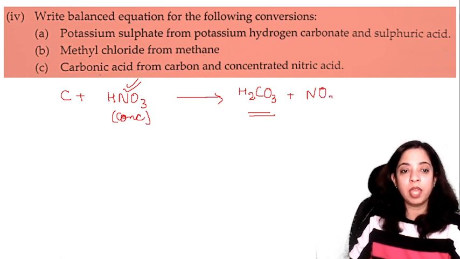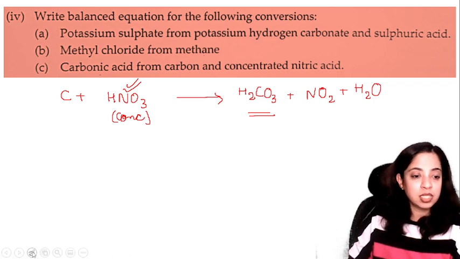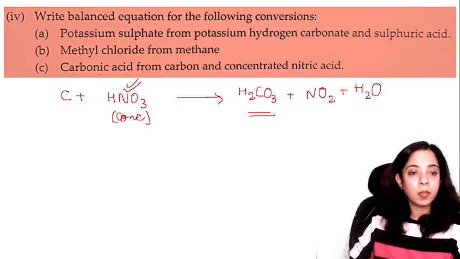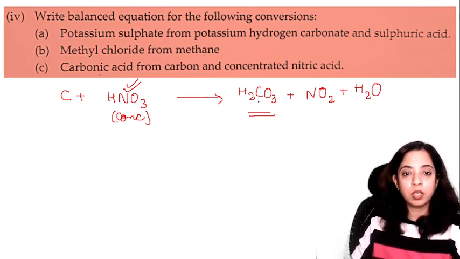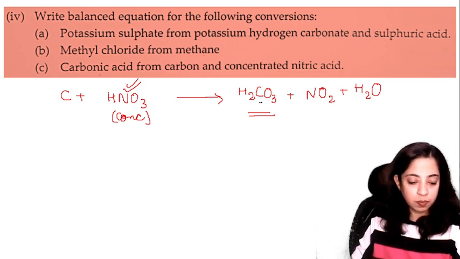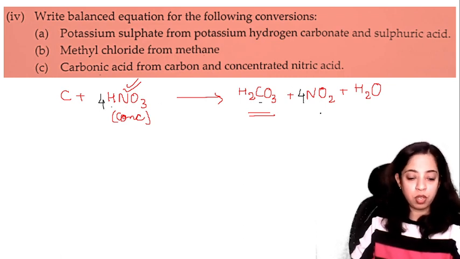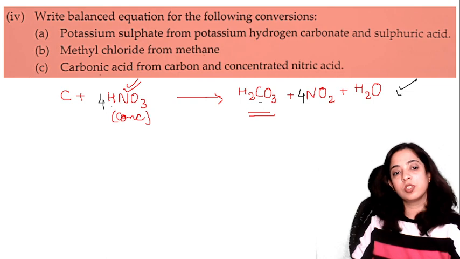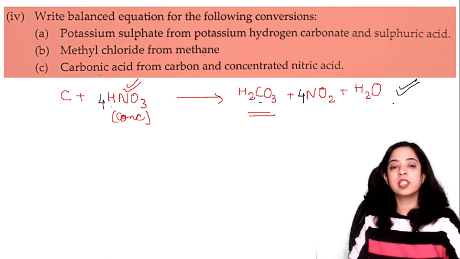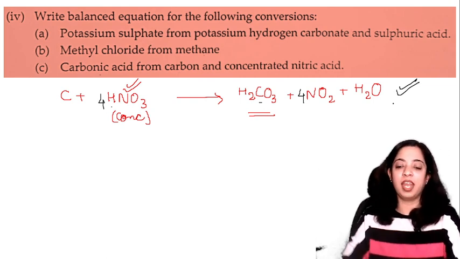So it will form NO2 plus water. Now you simply balance this. So one carbon here. Hydrogen is 1, 2, 3, 4 here, so it has to be 4 here. Now nitrogen is also 4, so 4 here. That's it. So this is balanced. Carbonic acid from carbon and concentrated nitric acid.